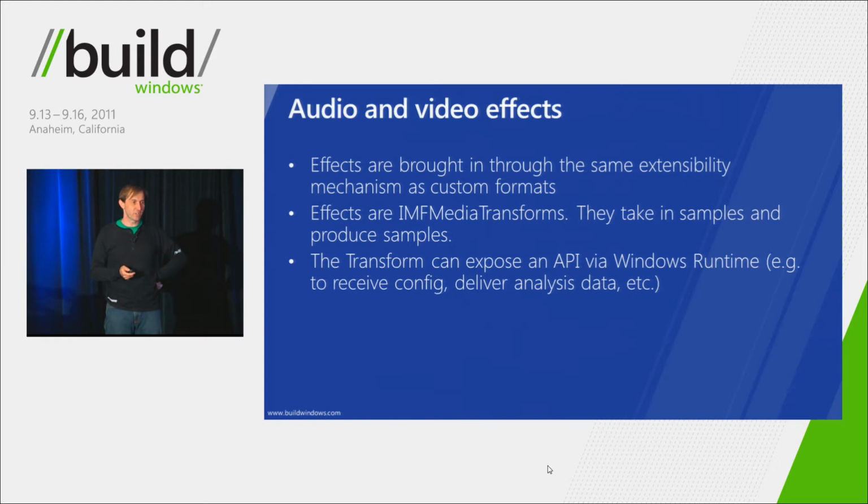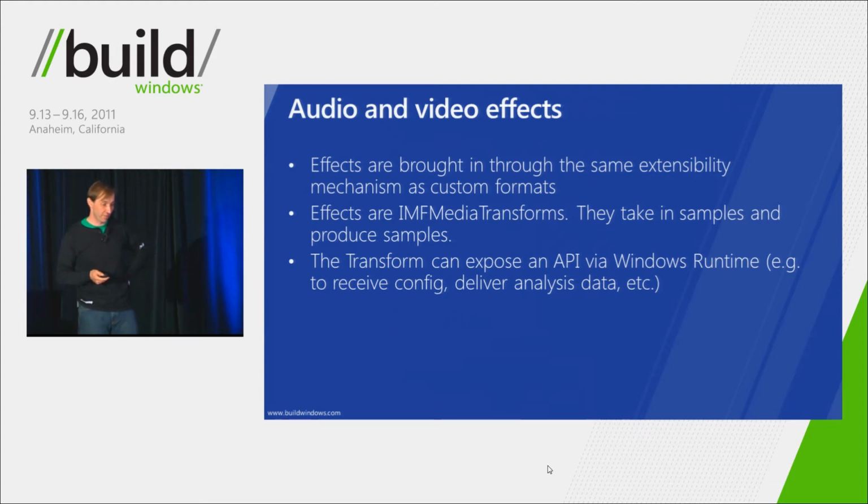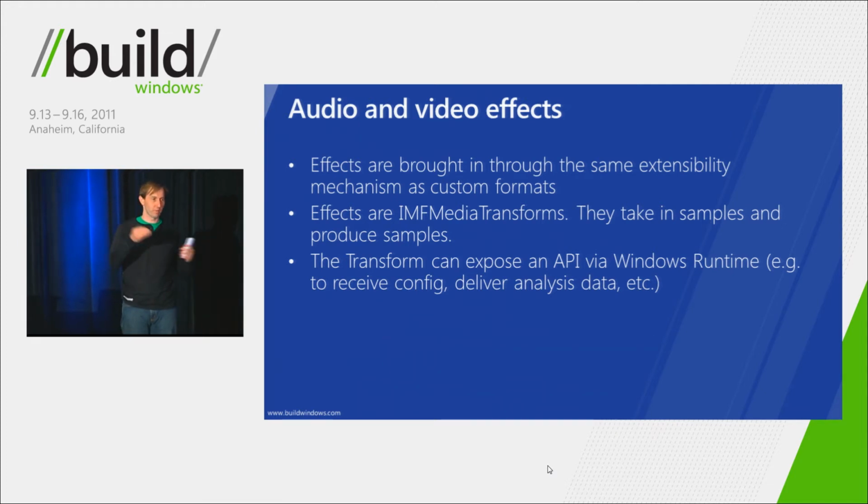Audio and video effects are actually using the same extensibility mechanism as the custom formats that we just talked about. They're IMF media transforms, for the MF folks in the crowd. And they take in samples and put out samples. What they can also do is expose an additional API through the Windows runtime again, so that the app can talk to that effect.